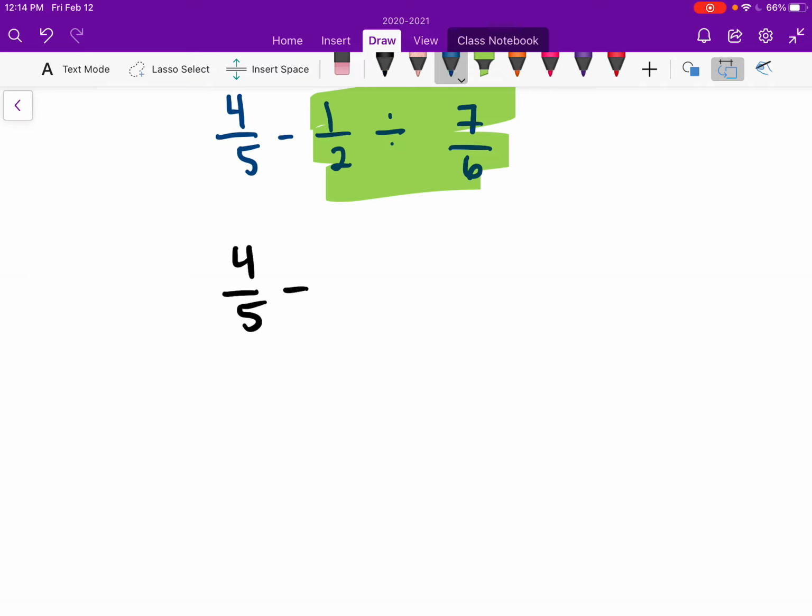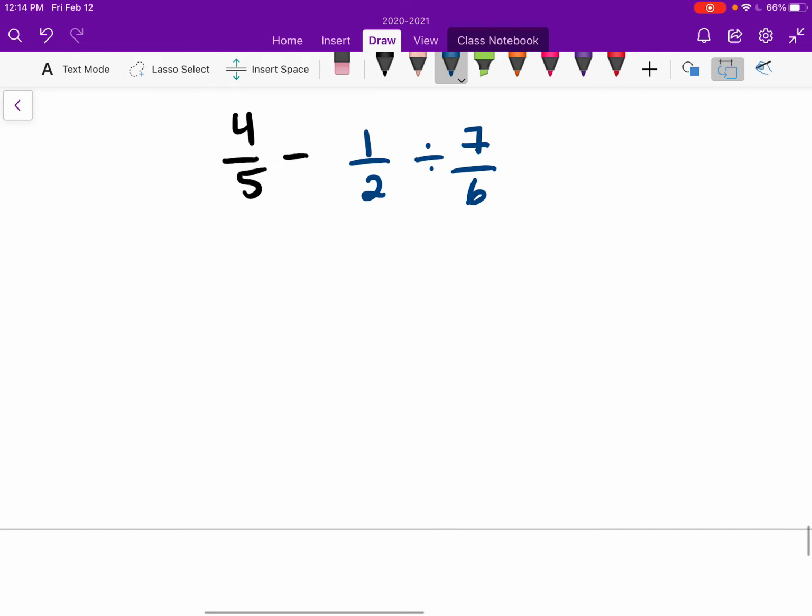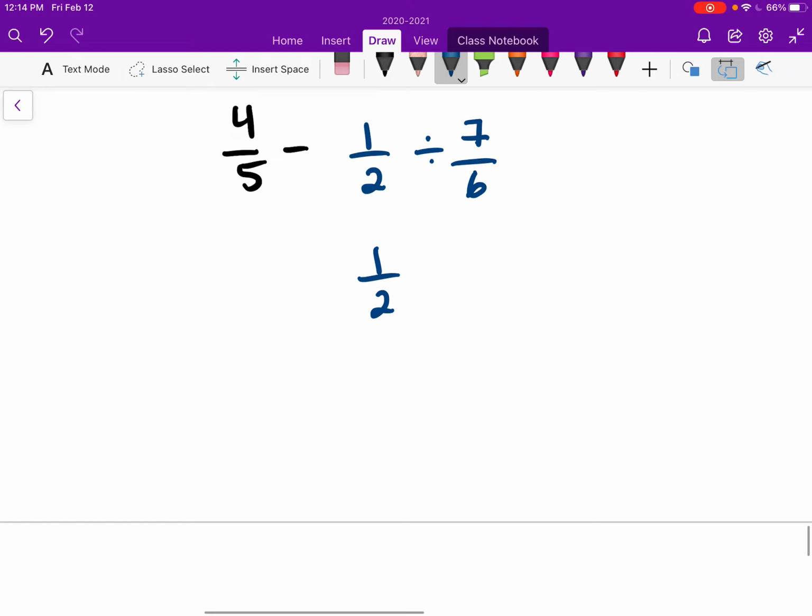Minus, we're going to do 1 over 2 divided by 7 over 6. In order to do that, we're going to leave the 1 over 2, multiply by the flipped fraction. I can cross these two out. I'm left with 3 and 1, and I can't do anything to the 1 and the 7, so I'm going to leave it. So I have 1 times 3 is 3 over 7, right?